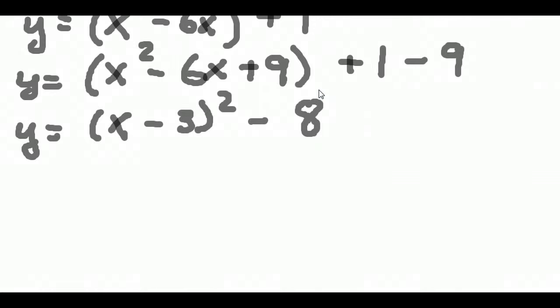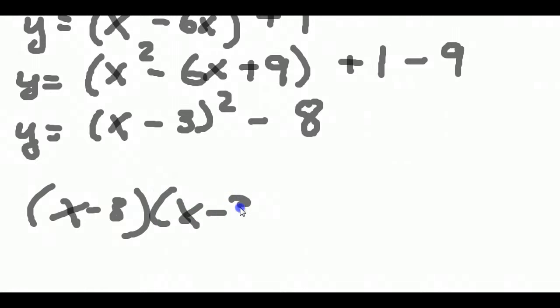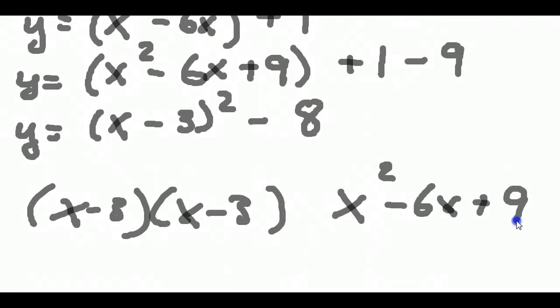So you can get x minus 3 times x minus 3. And if you go through that, x minus 3 times x minus 3, and you FOIL it, you get x squared minus 6x plus 9. It's just the factored version of x squared minus 6x plus 9. Okay. Yeah, okay.